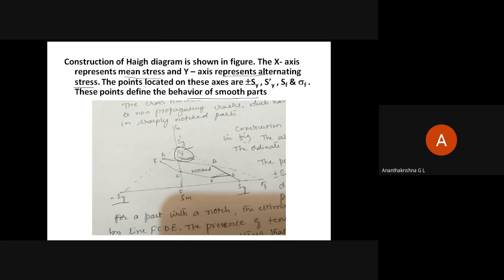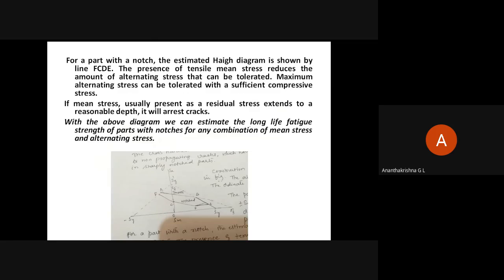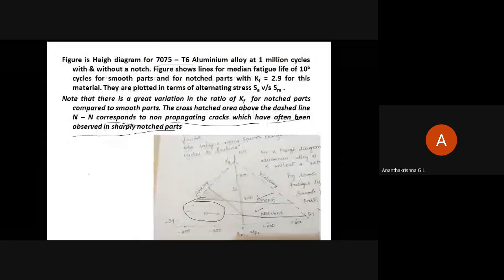The advantage of this diagram is that we can estimate the long life fatigue strength of parts with notches for any combination of mean and alternating stress. This is the application of the Haigh diagram. Note down this sketch for now.